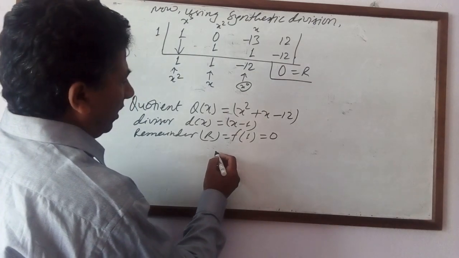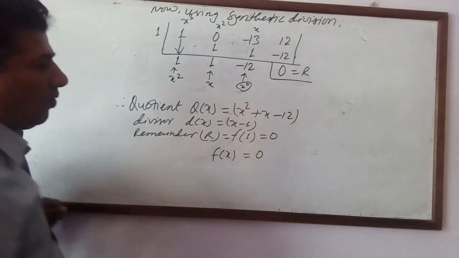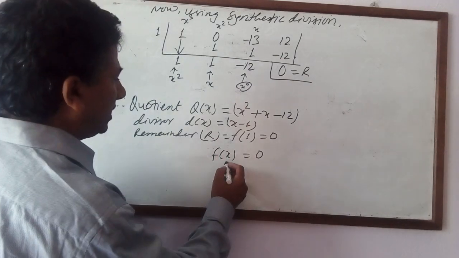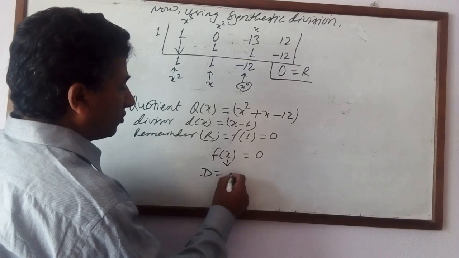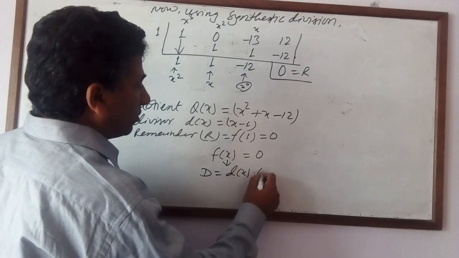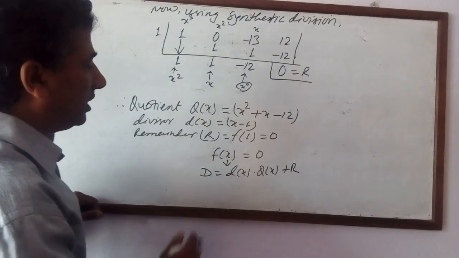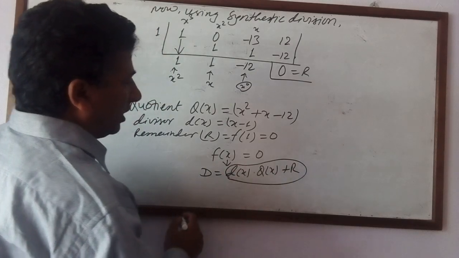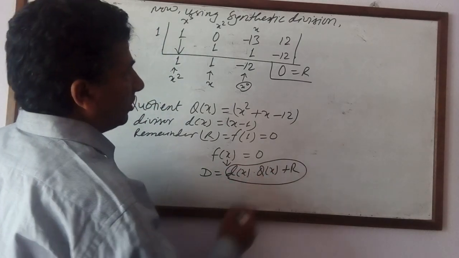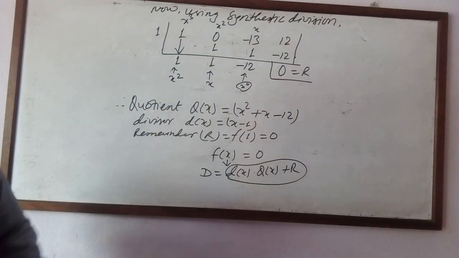I write f(x), the dividend, equals divisor times quotient plus remainder. In place of this f(x) we can replace it by this cubic. Just to make it clear, I wrote this. I write up; there is no space.